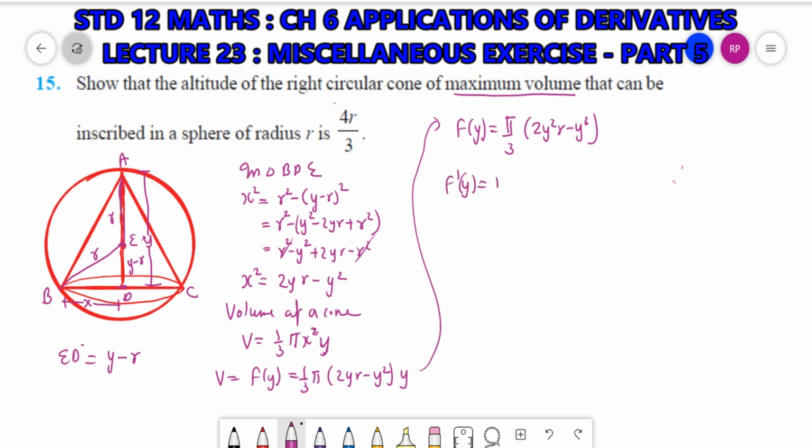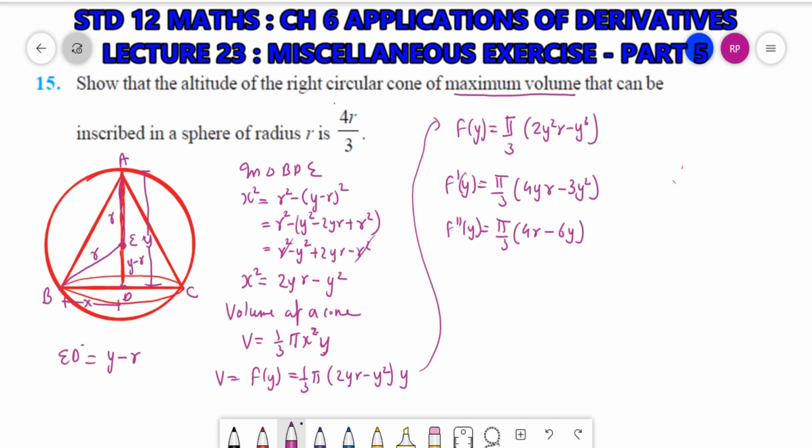f dash y will be pi by 3 into 4yr minus 3y square. The radius of the sphere will be the constant. And f double dash y will be equal to pi by 3 into 4r minus 6y.